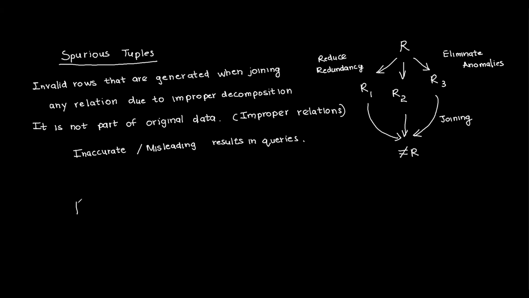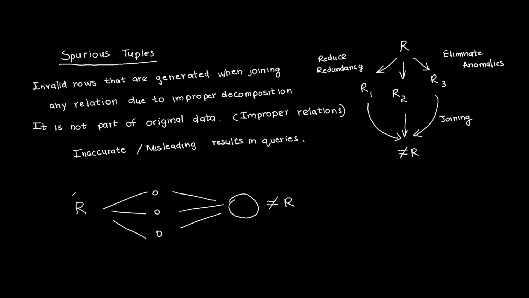So there is a relation R, you break that into small pieces and decompose into small relations, and if you join them back to become a whole relation, and if it is not equal to the initial relation, now we can say the tuples generated newly are called spurious tuples, and spurious tuples are dangerous. Now, this brings us to the fourth guideline, satisfying lossless join condition.